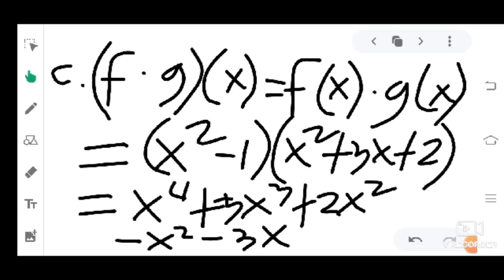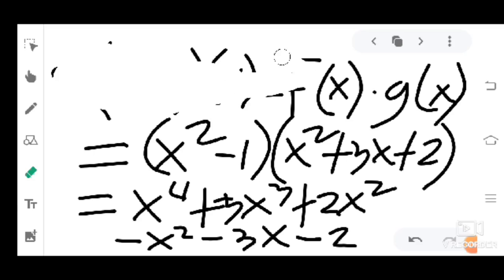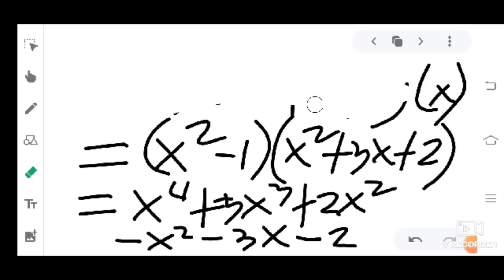Lastly, negative 1 times positive 2 is negative 2. If we simplify our answer, you can combine only the 2x squared and the negative x squared.